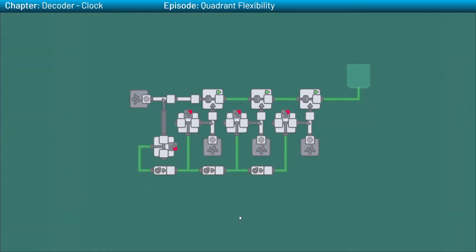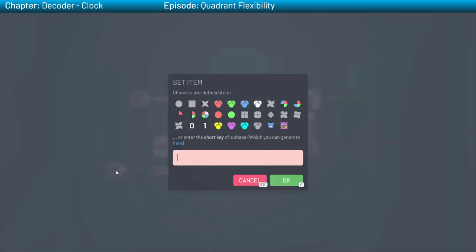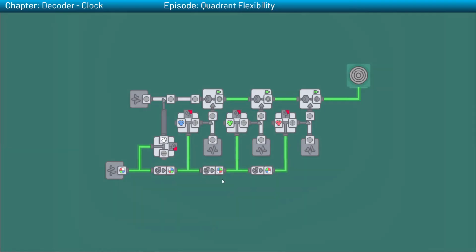In a first step, I'm going to convert quadrants to layers. So for example, if I connect a piece with 4 quadrants, like this one, then with the help of analyzer units and rotators, I emit a circle signal for each quadrant that I count.